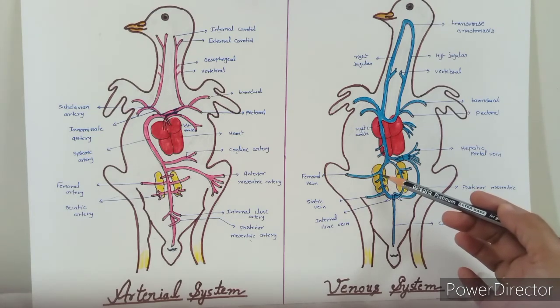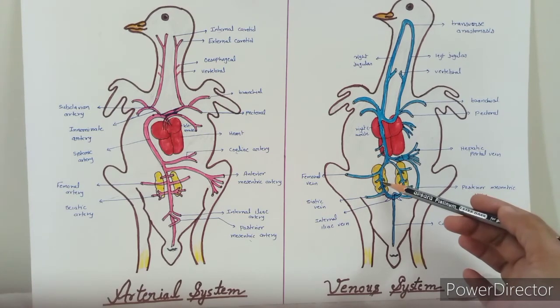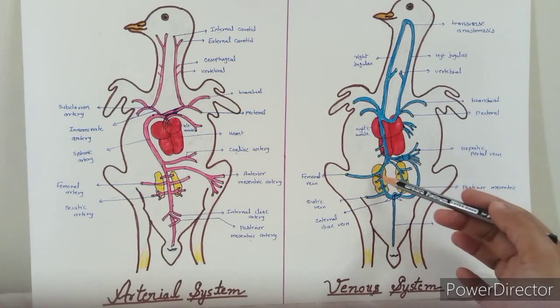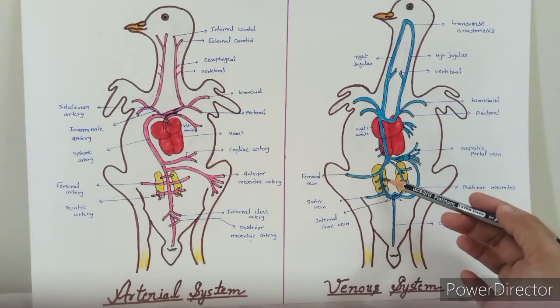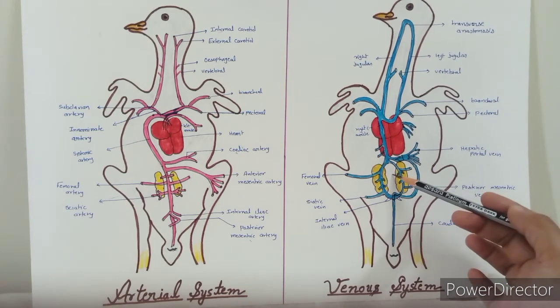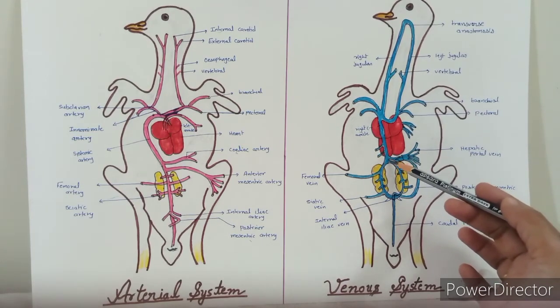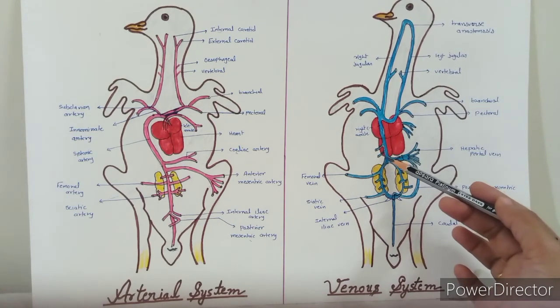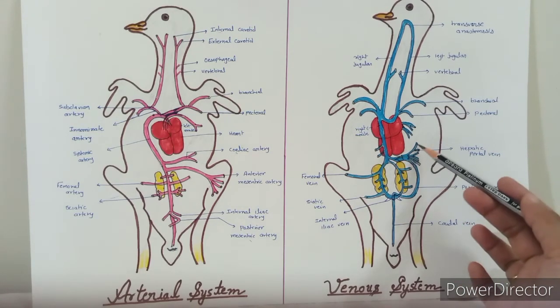All the efferent veins attach to the femoral vein and create the common iliac vein. Both common iliac veins attach together and form the postcaval vein.